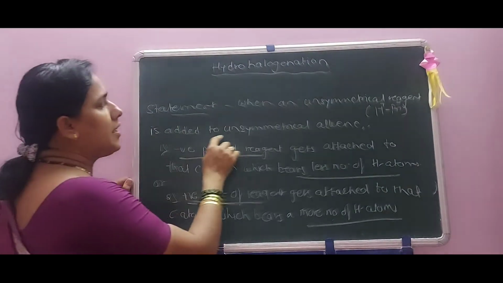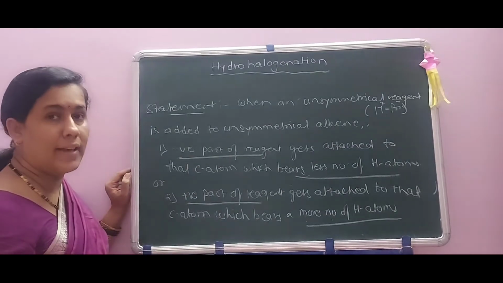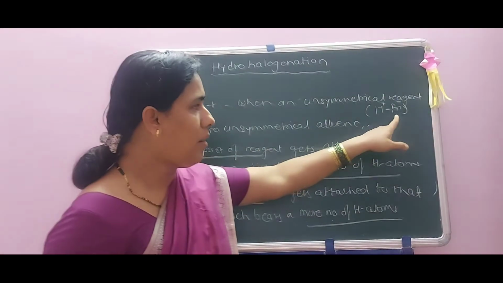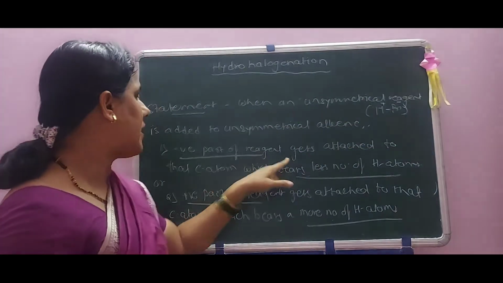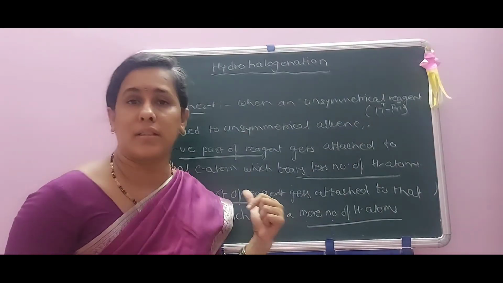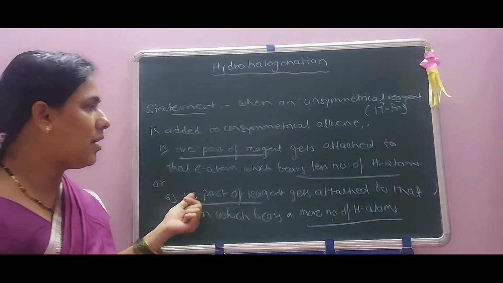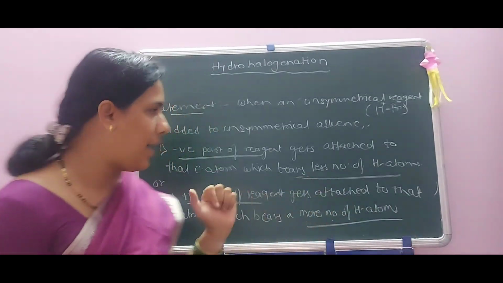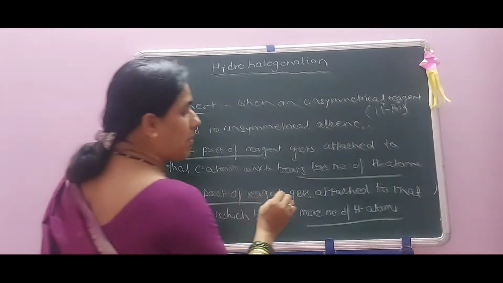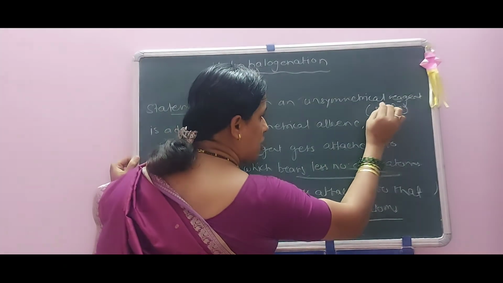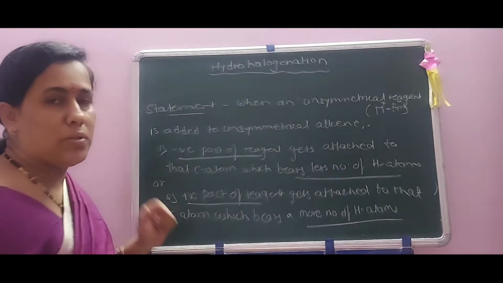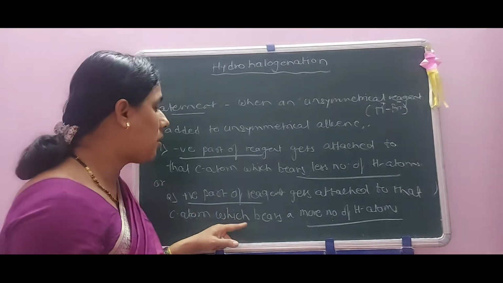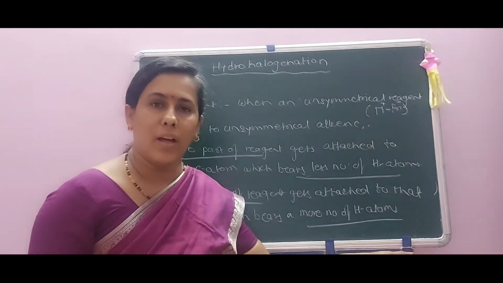When it is added to an unsymmetrical alkene like propene, what happens? The negative part of the reagent, Br minus, gets attached to that carbon atom in the unsymmetrical alkene which bears less number of hydrogen atoms, or the positive part of the reagent, H, gets attached to that carbon atom which bears the most number of H atoms.